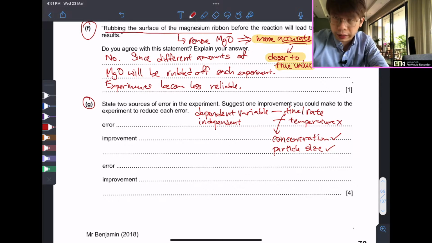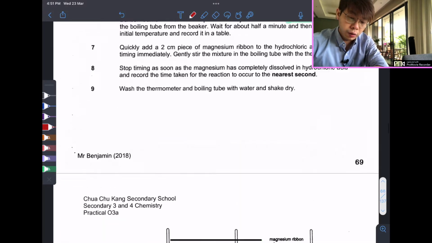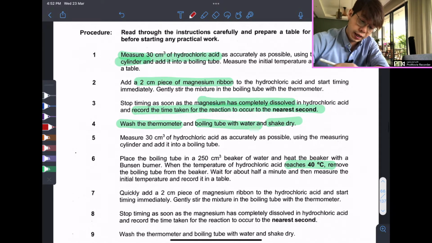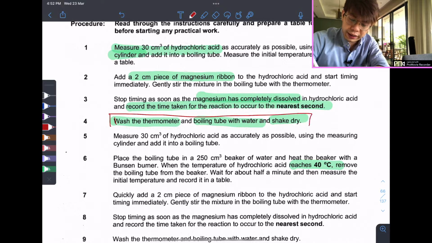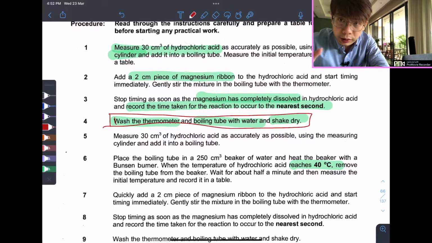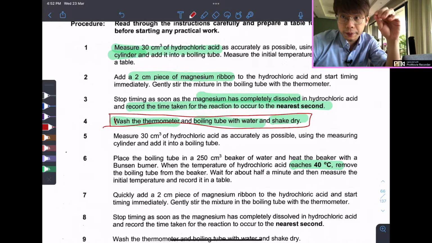Now, take note, there are certain things that you use most of the time, right? So let's take a look at some. Let me show you. Firstly, whenever they ask you to wash and shake dry, you must think this is a possible source of error, but not all the time. So possibly by washing with water and shaking dry, the boiling tube might have excess water.